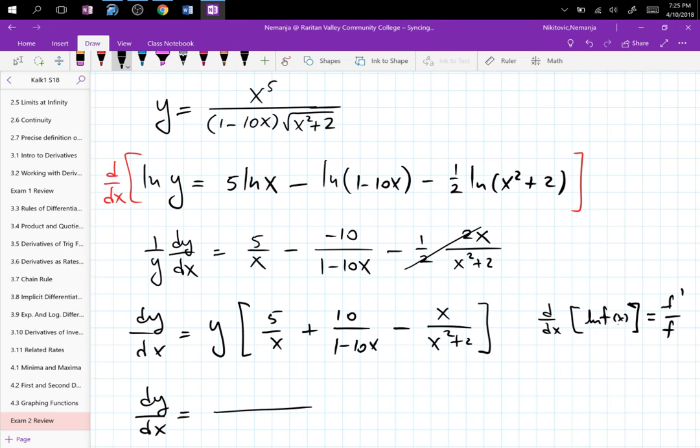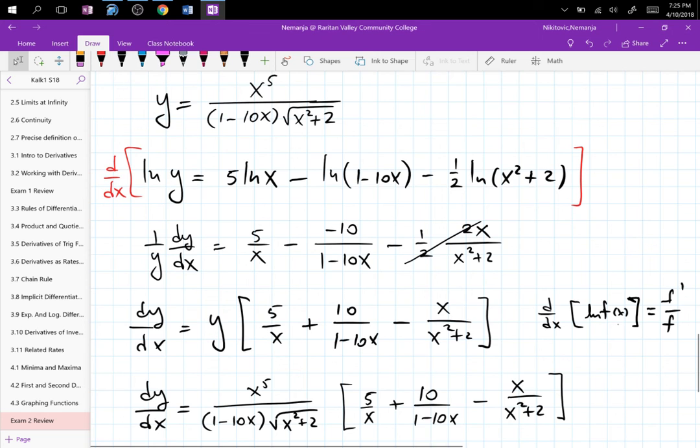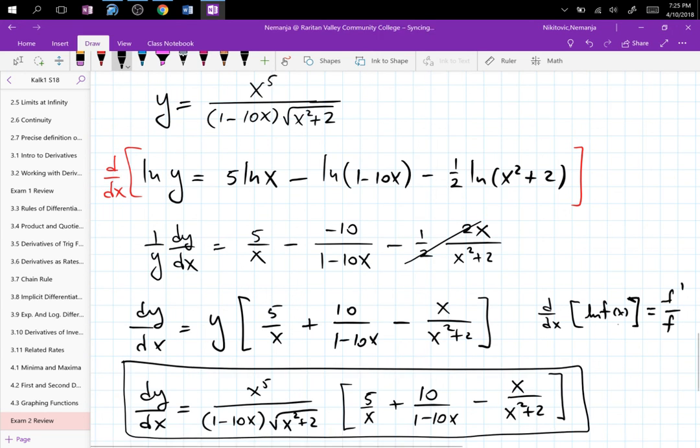That's going to be x to the 5, 1 minus 10x, square root of x squared plus 2, times 5 over x plus 10 over 1 minus 10x minus x over x squared plus 2, and that's the answer. So this is the full problem on logarithmic differentiation and its use. Now, if you developed your skills up to the point where you can just look at the problem and write the answer, sure, why not?